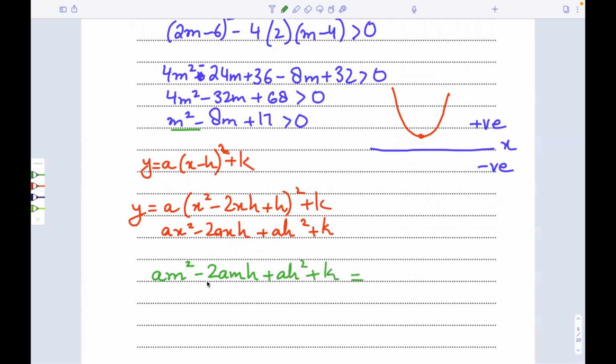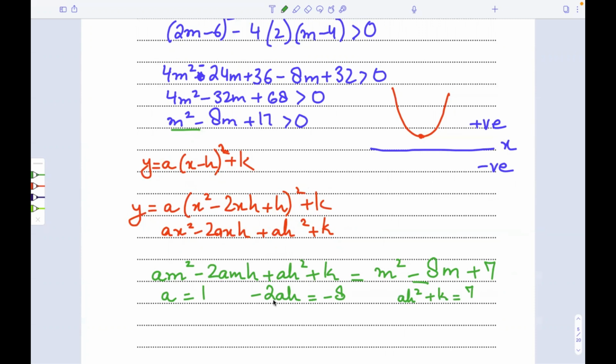This is the completed square form, and this is the equation that we have, which is m squared minus 8m plus 17. From this, we can deduce that a is equal to 1, because that is the coefficient of m squared. The coefficient of m over here is minus 2ah, which is equal to minus 8. And the constant is ah squared plus k, which is equal to 17.